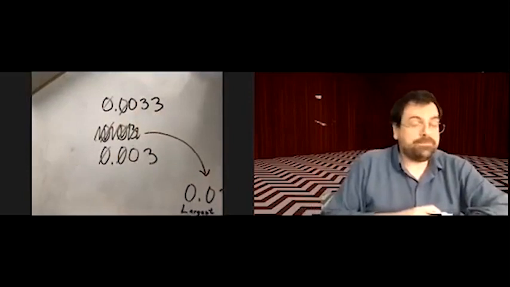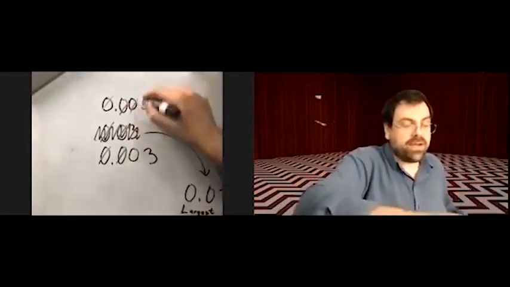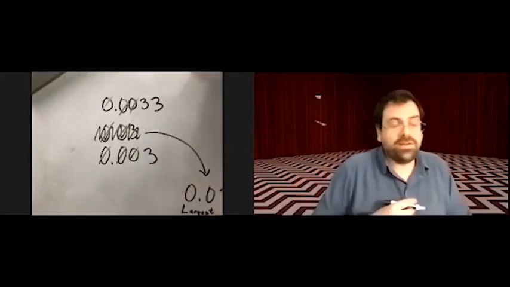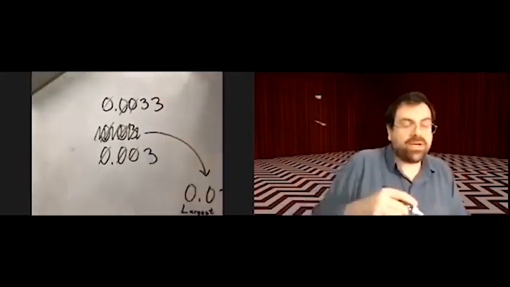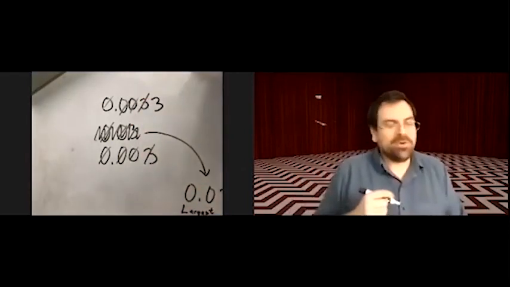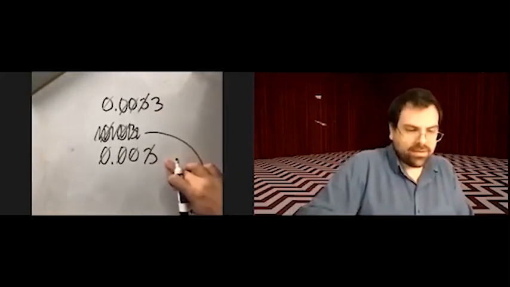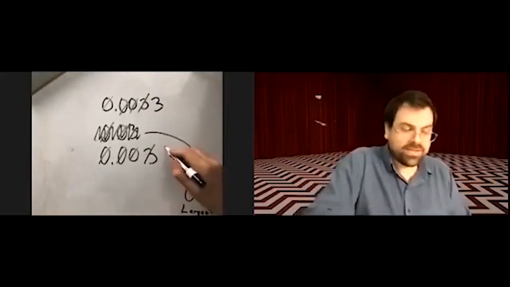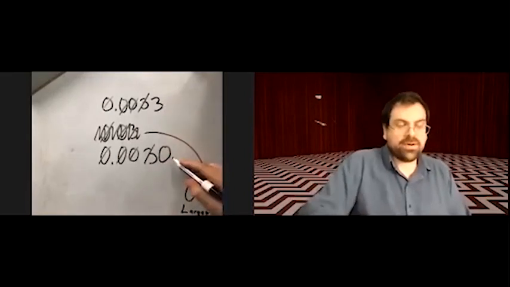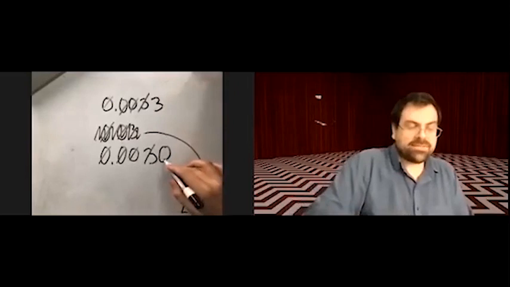Let's keep going. 0 and 0, they're the same. They don't tell us anything. We move on. 3 and 3, they're the same. They don't tell us anything. We move on. 3 and, nothing. Well, what can we fill that in with? 0. 3 and 0. The 3 is bigger. That means this one is the smallest.